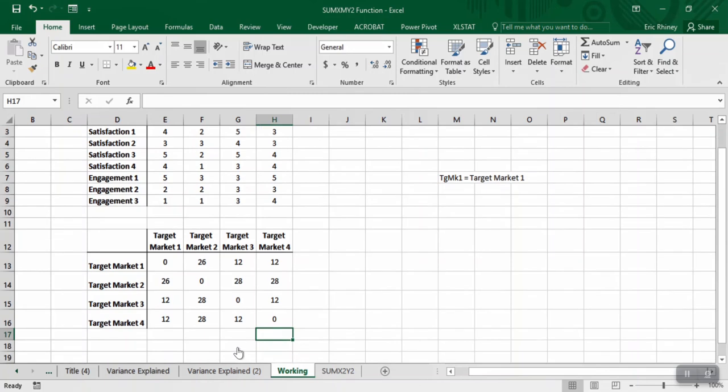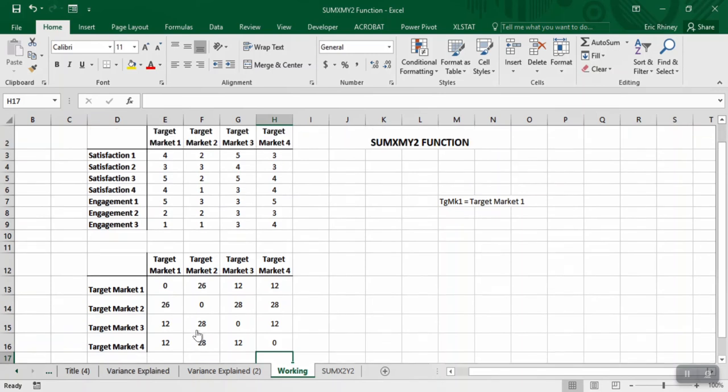And so now we can see how different or similar, and the lower these numbers are, that means that those markets are very similar to each other. And, you know, this is all relative. In and of itself, 28 may not have much meaning, 12 may not have much meaning. It's all in relationship to each other.